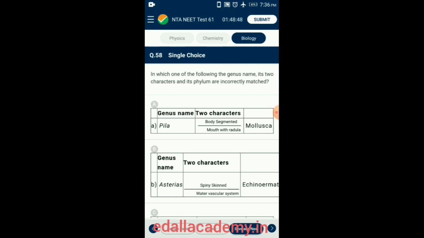Their soft body is covered by a calcareous shell and it is unsegmented with a distinct head, muscular foot, and visceral hump. Example, Pila, commonly called as apple snail, Sepia, cuttlefish, Pinctada, pearl oyster, etc. So the answer for this question is option A.